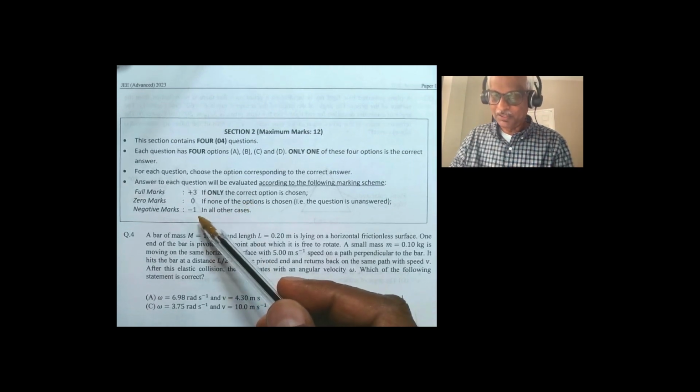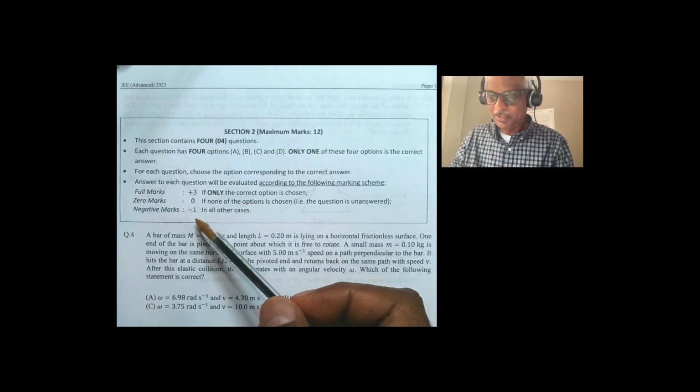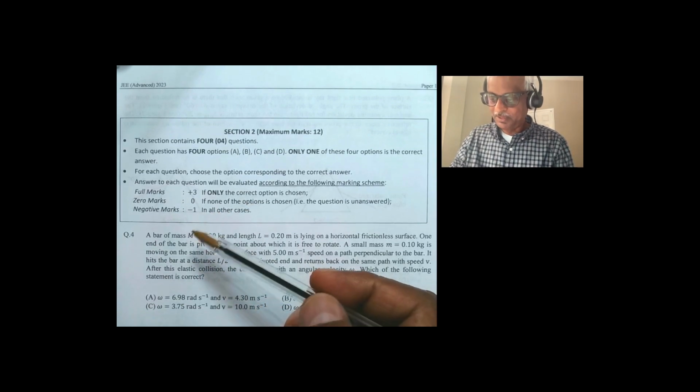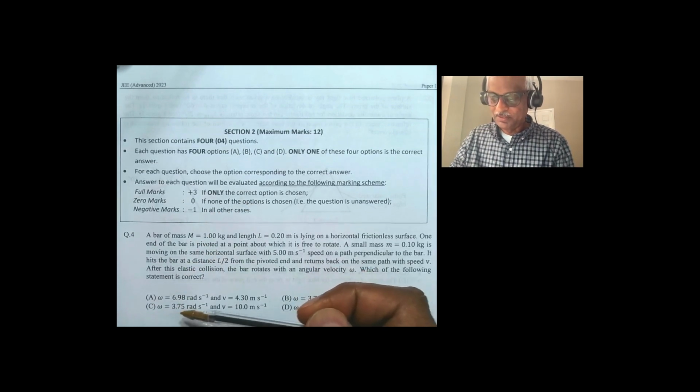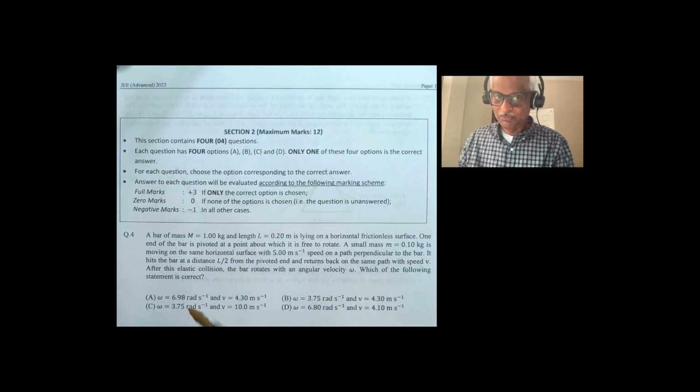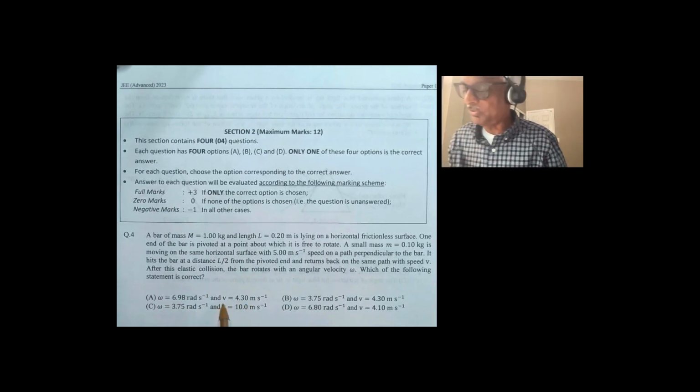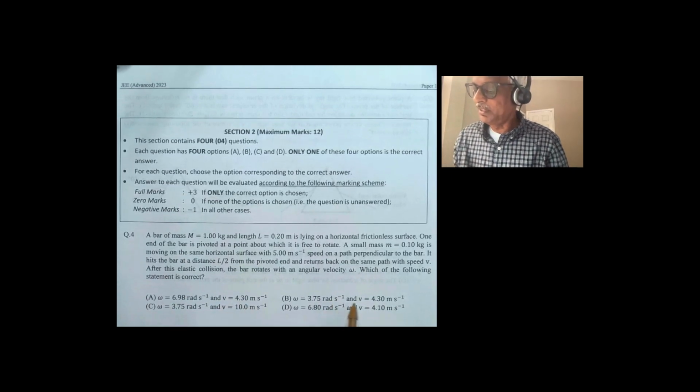This negative mark, I consider fair, because here, for instance, this question has 2 values you have to find, and you can use one of the values as found, and then check with the second value, so that both values will turn out wrong, like A and B. The V is the same, but omega is different.